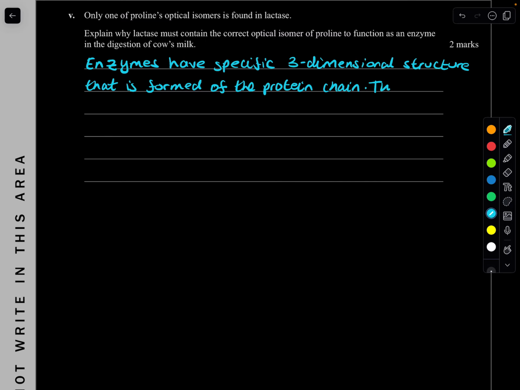This structure creates an active site where the substrate, which in this case is lactose, binds. So enzymes have a specific three-dimensional structure formed from the protein chain, and this structure creates an active site where the substrate binds.